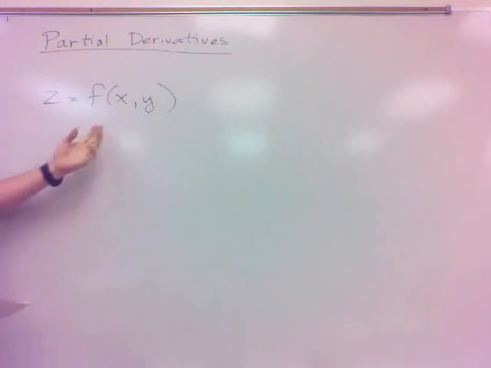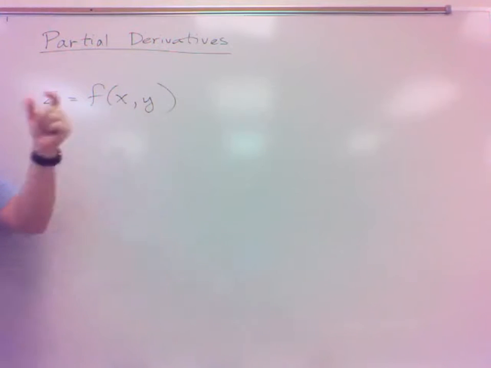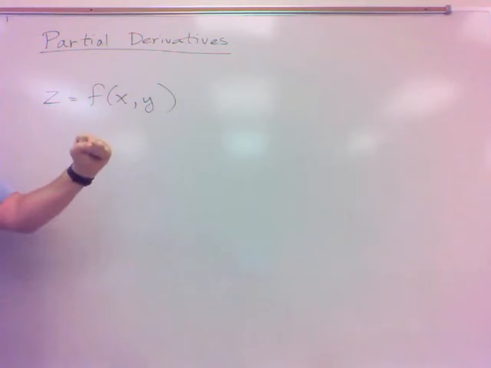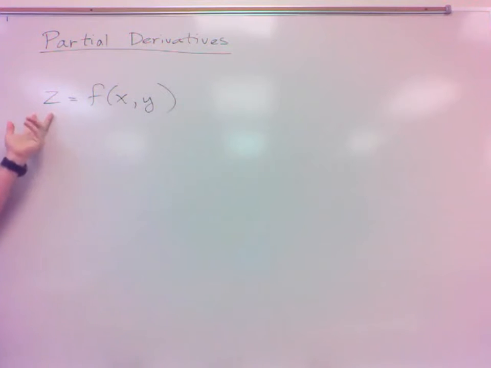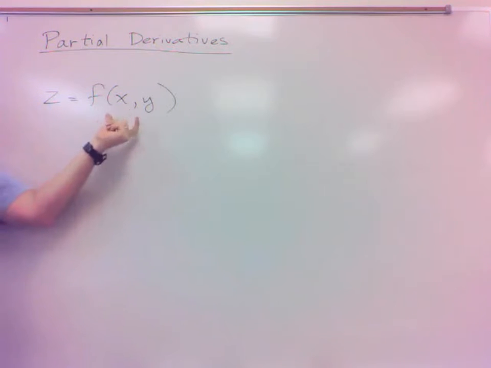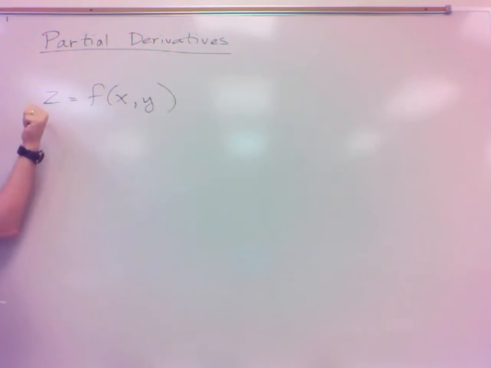Well, when we have two variables, we can change both of them a little bit. We can change the x a little bit, so we can do x plus h. But we can also do the same thing for the y, and both of those are going to affect the change in z, right? And so that's where it gets complicated, because you can change both of these a little bit, and that's going to change your output by whatever it does.